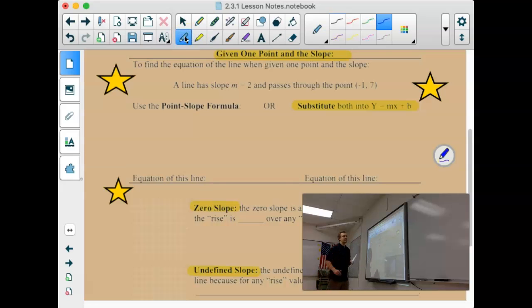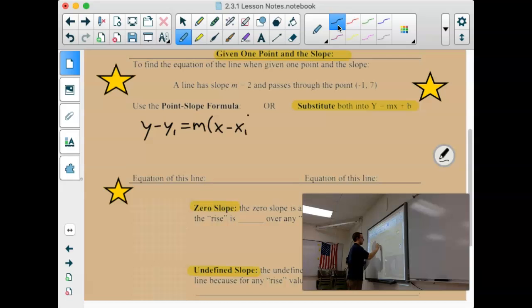Or we can use this formula, which I will write over here, which is y minus y1 is equal to the slope times the quantity of x minus x1. So again, we're just labeling this point as x1 and y1, plugging those numbers in here, and then plugging our slope into that equation as well. And these will get you the exact same thing.